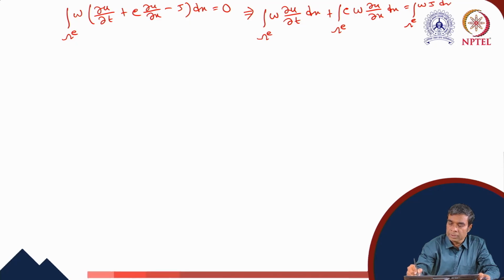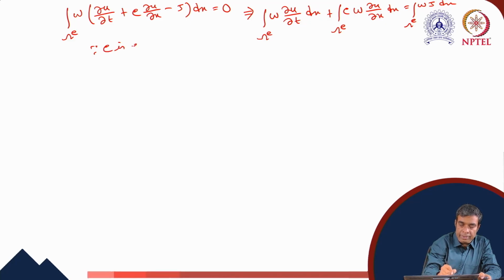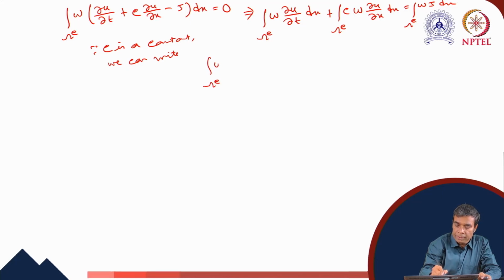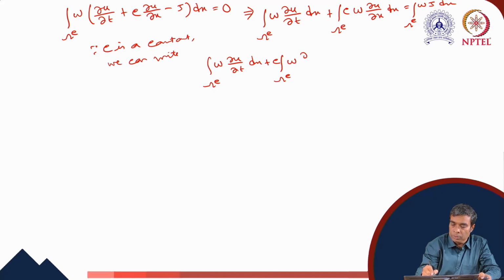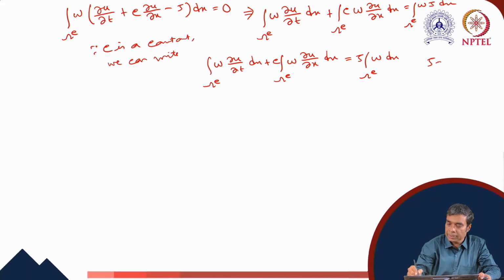w s dx. Since c is a constant, we can write integration over omega e of w del u del t dx plus c integration over omega e of w del u del x dx equals to s into integration over omega e of w dx. So let us take s is also a constant.